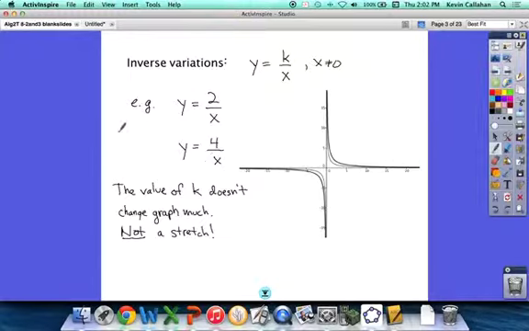And the reason why we call it inverse variation is because if I take this first one, y equals 2 over x, what will happen to the value of y if the value of x increases? If x increases, y has to decrease. If x decreases, y has to increase.